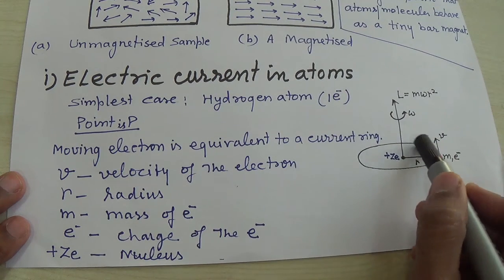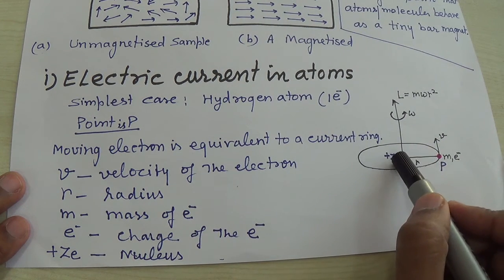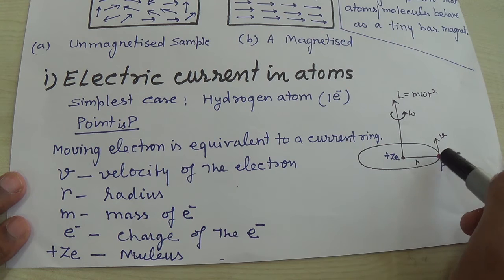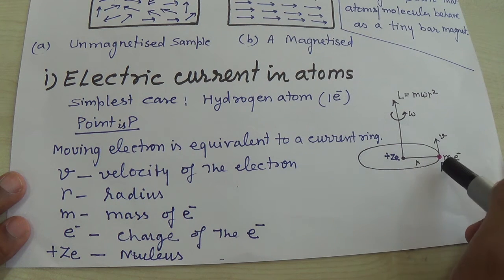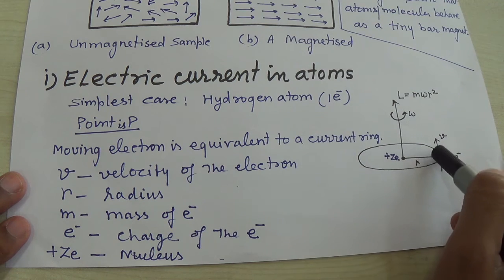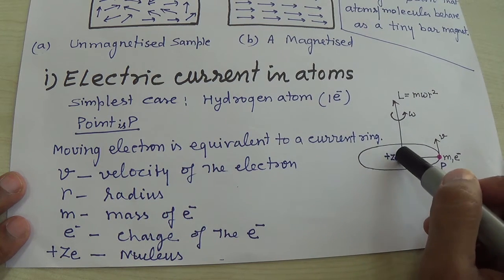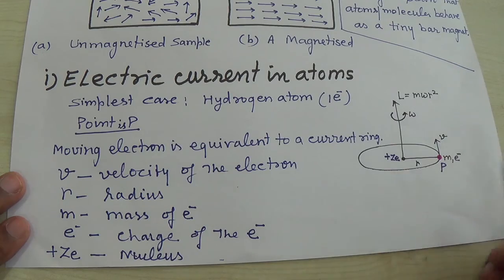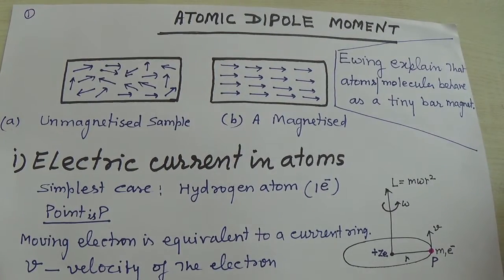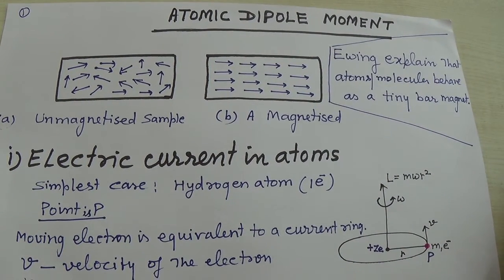So the electron is revolving around the nucleus, right? Its velocity is v, mass of the electron is m, charge e, radius of the orbit is R, and the nucleus has charge plus Ze. These are the points, and the topic is atomic dipole moment, by which we have to understand intensity of magnetization.